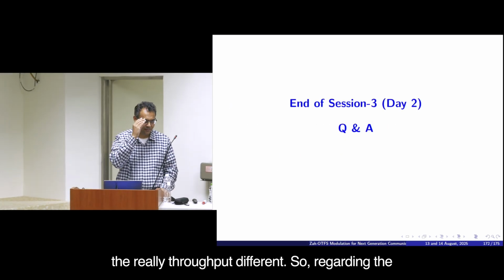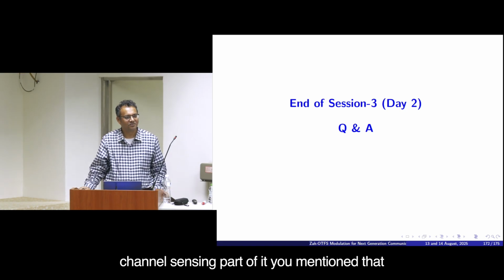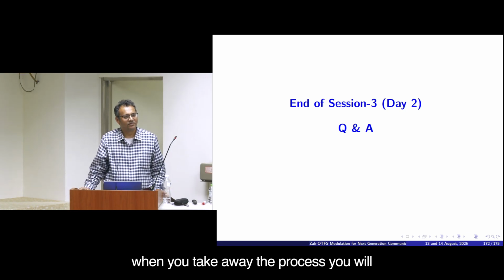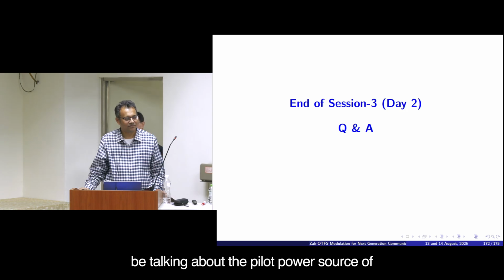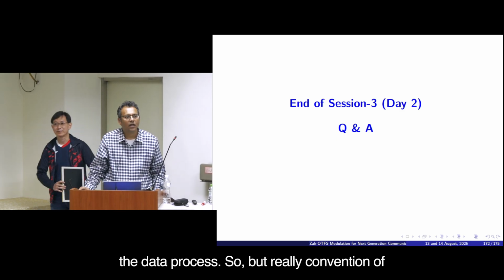Yeah. So regarding the channel sensing part, you mentioned that when you calculate the cross ambiguity function of the pilot pulsons, you will actually see the interference from the data pulsons.